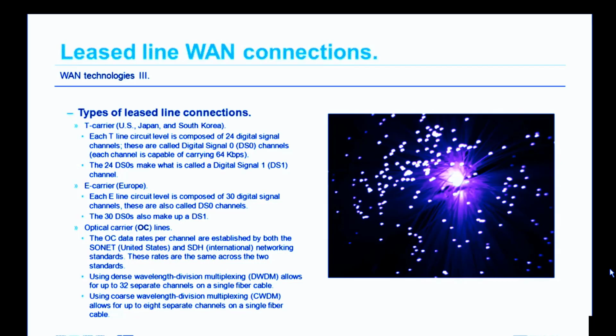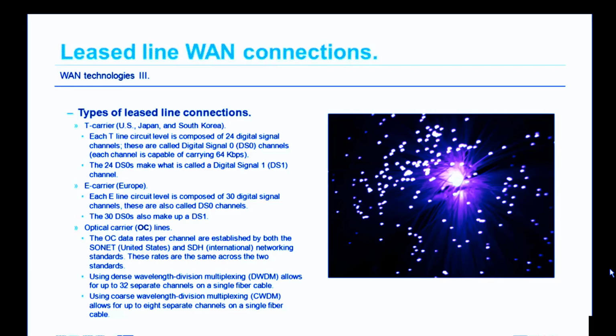The OC data rates per channel are established by both the SONET and SDH networking standards. SONET is the United States standard and SDH is the international standard. Interestingly enough, the OC rates are the same across the two standards.